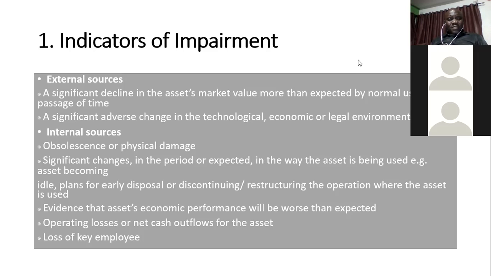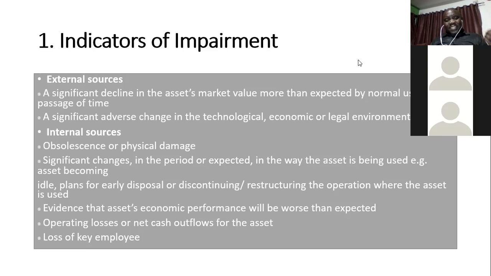So what it means eventually is that some companies may start closing. What do you do? You have to perform an impairment test. Then, evidence that the asset's economic performance will be worse than expected. You have analyzed, you have data that looks at the past performance of your asset.